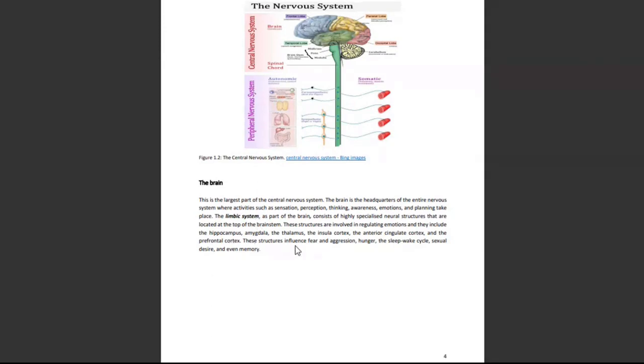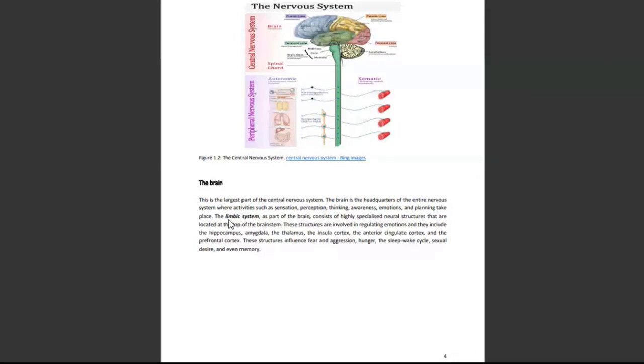It regulates fear, aggression, hunger, the sleep-wake cycle, sexual desire, even memory. These are the structures: the hippocampus, amygdala, the thalamus, the insular cortex, the cingulate cortex, as well as the prefrontal cortex. That is the limbic system.